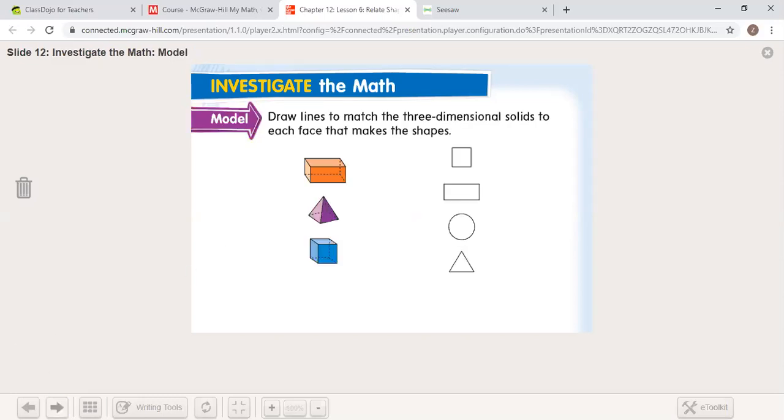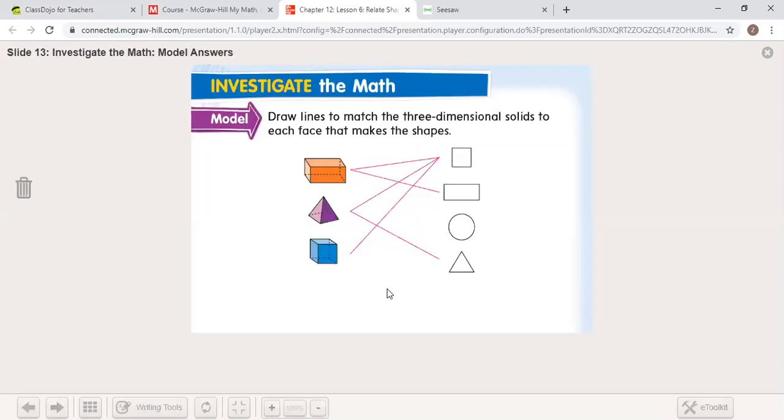So let's look at this one. We are going to look at 3-dimensional shapes, and we're going to look at the 2-dimensional shapes that would make the faces. So for a rectangular prism, a pyramid, and a cube, let's go ahead and draw lines to match the 3-dimensional shapes to the 2-dimensional shapes. So again, it's going to take a couple.